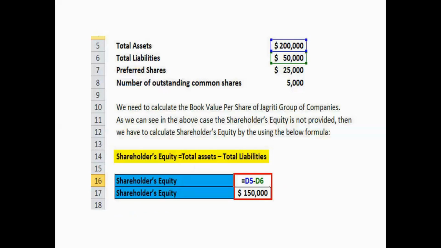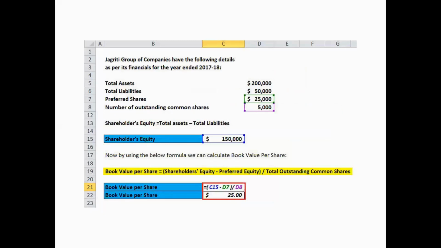Here we calculate shareholders equity, and after that we are calculating book value per share in Excel. Here book value per share is 25.